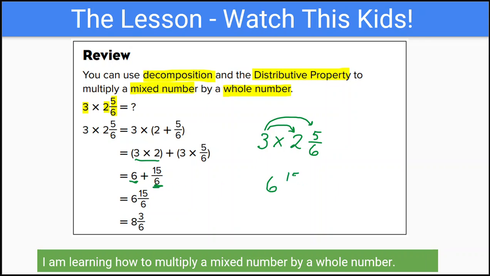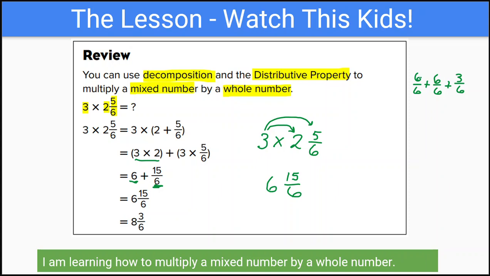Okay, 15/6. Now you might notice that this is an improper fraction. So we got 6 and 15/6 right there. But 15/6, we have to fix that. 15/6 is the same thing as 6/6 plus 6/6, that's 12/6, plus 3 more sixths.